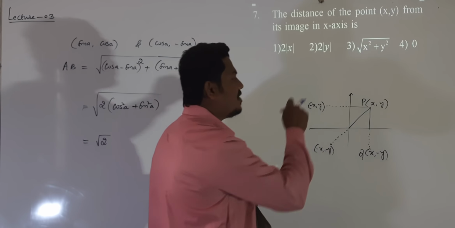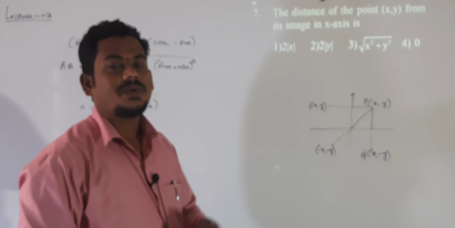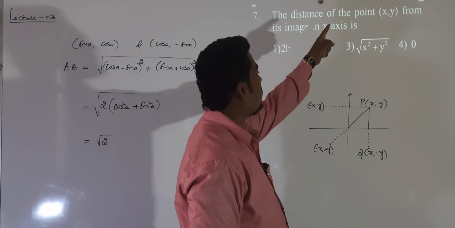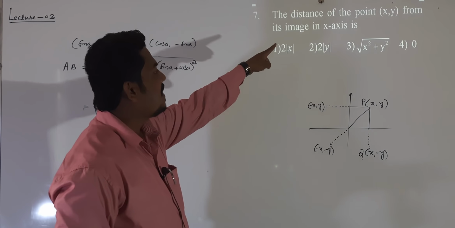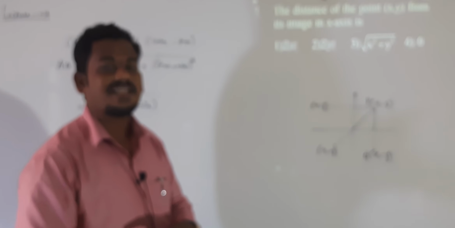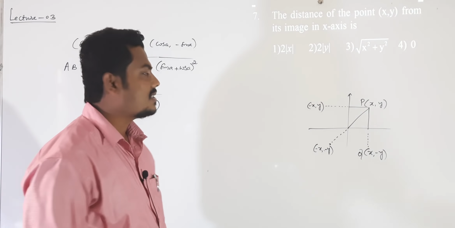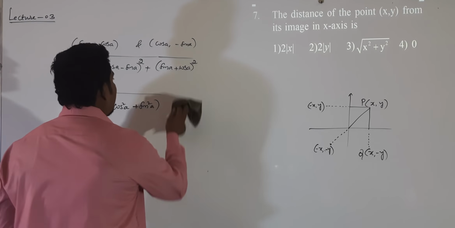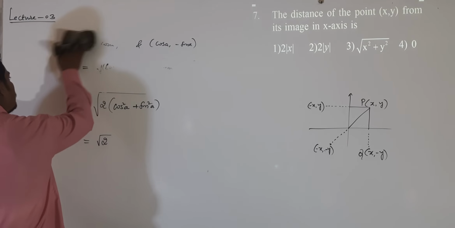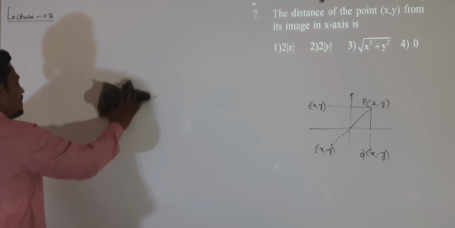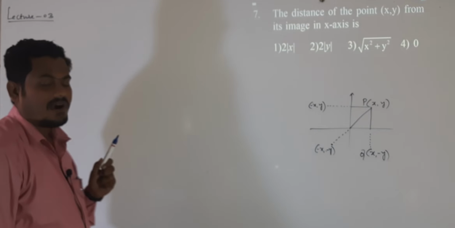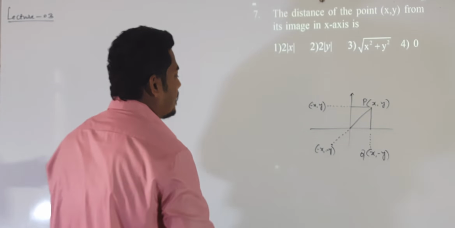Q is the image of P with respect to x axis. Distance between point x comma y from its image in x axis. Image in x axis means image with respect to x axis. Can you tell me the distance PQ?